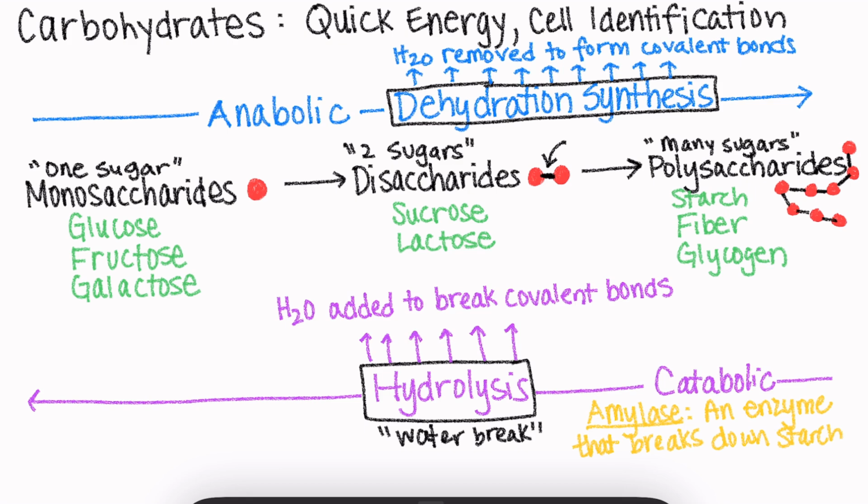Disaccharides like sucrose, lactose, and another one known as maltose are broken down by additional enzymes such as sucrase, lactase, and maltase. Notice that enzymes often end in ase, and so these enzymes are going to break down those disaccharides.